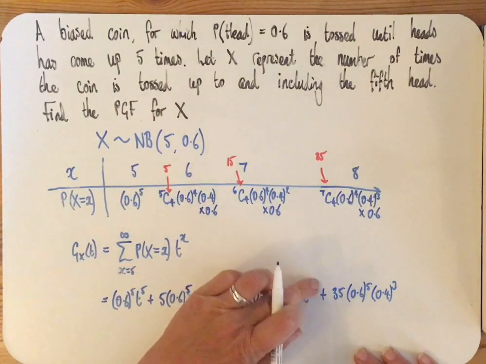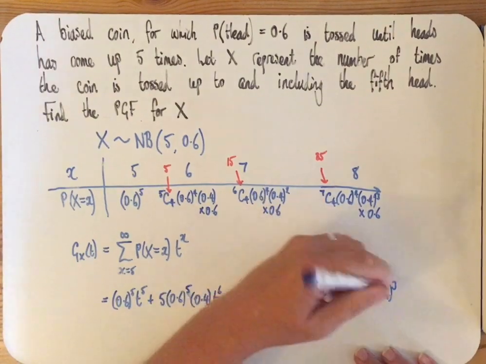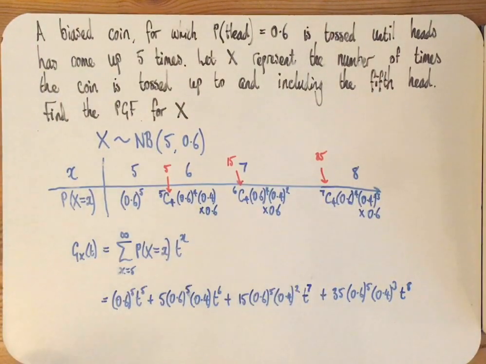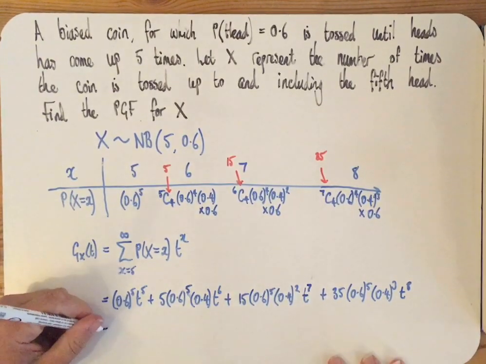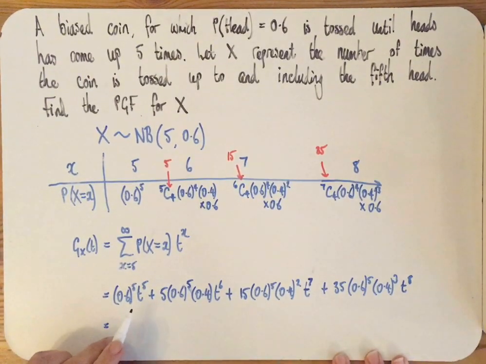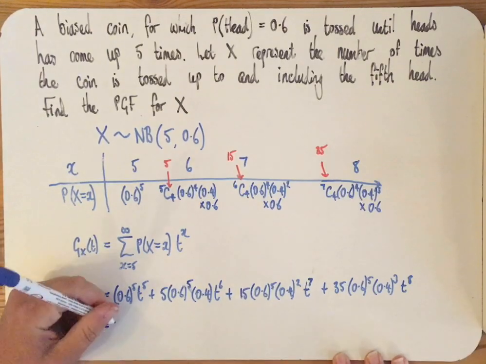No, 5, 6, that should have been 7. And I'm now on t to the power 8, sorry. So, yeah, that looks better. And then from there, we can do what we can with the factorising. So I can pull out 0.6t to the power 5 from all of this.